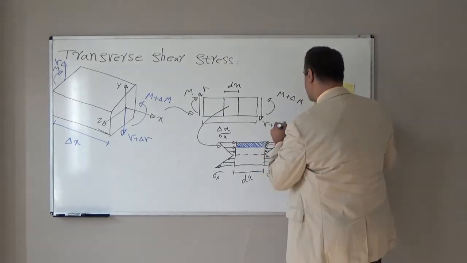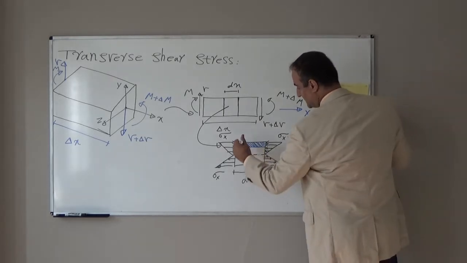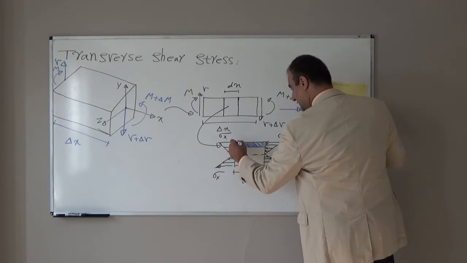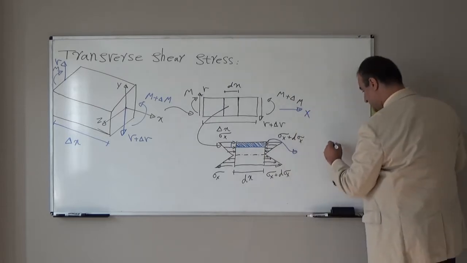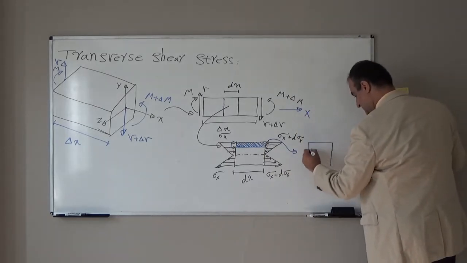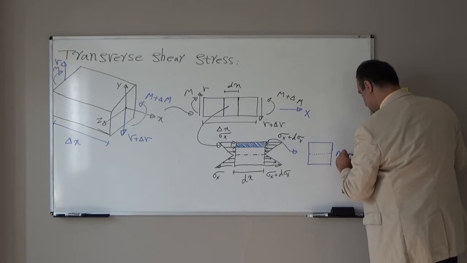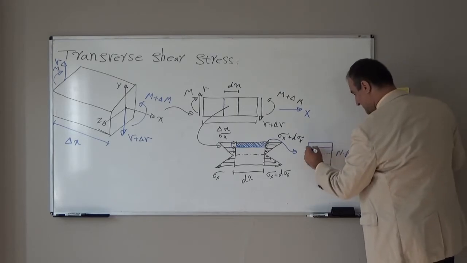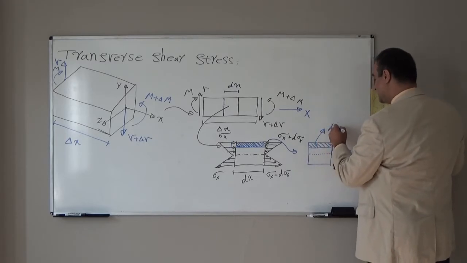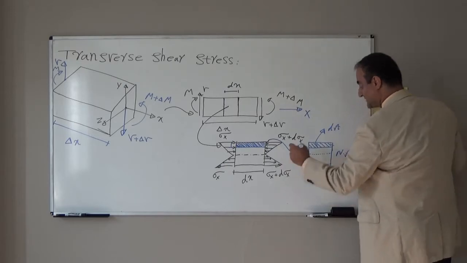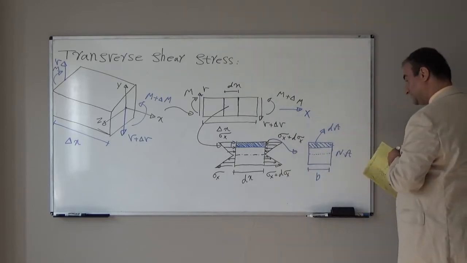If I look at the equilibrium in the x direction, this is the neutral axis location, and this is that part. The area for this part in the cross section I show with dA, and the width of this beam, assume it is B.